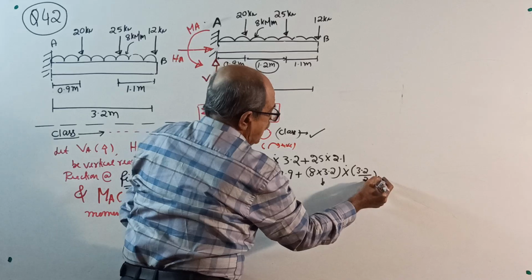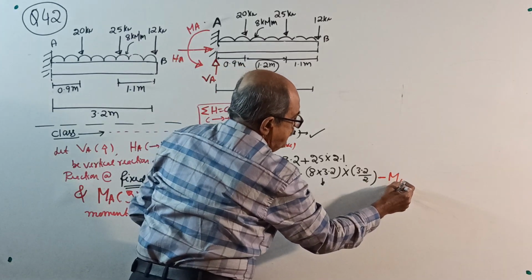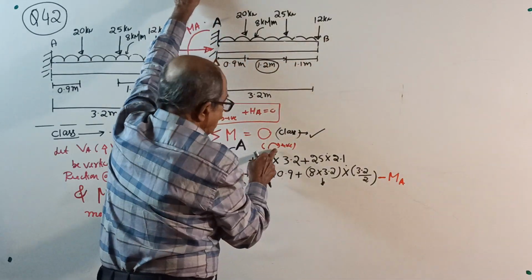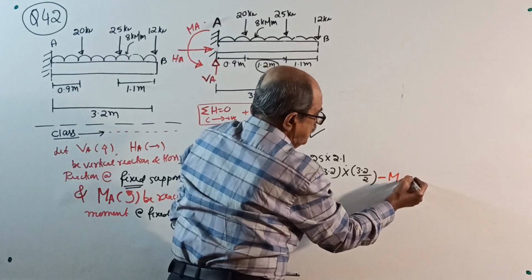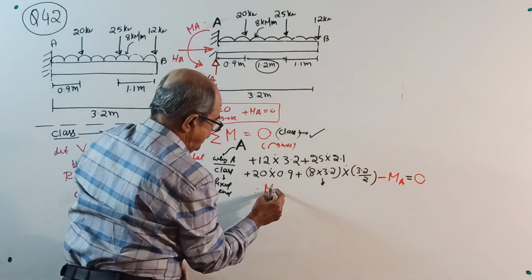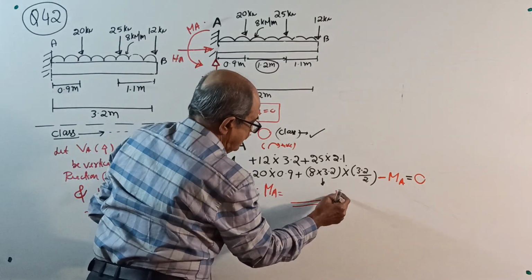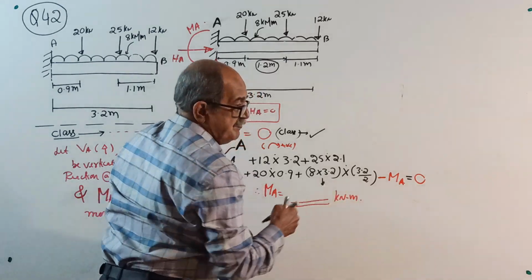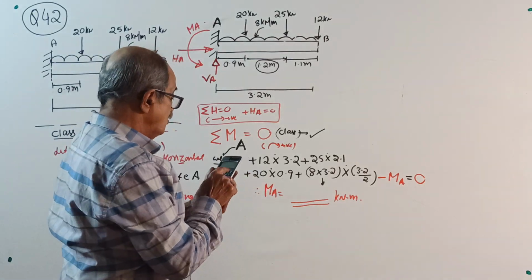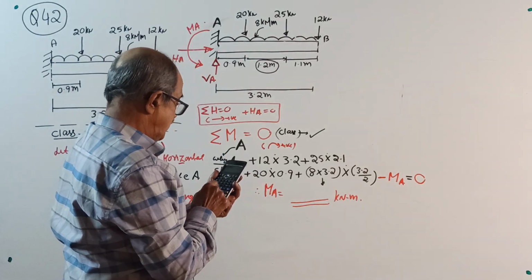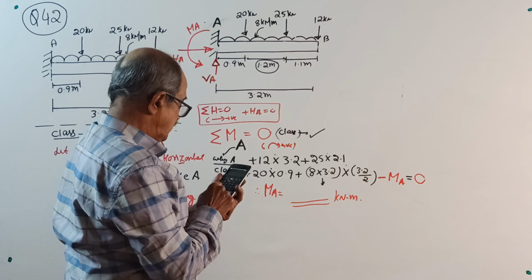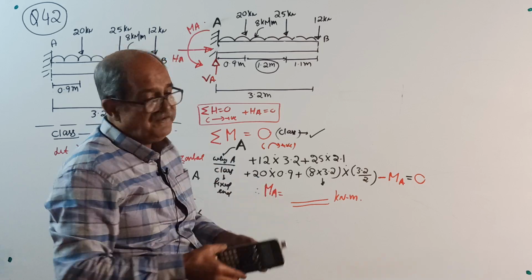Lastly, minus MA. Why minus MA? Because we have considered it as anti-clockwise, and our sign is clockwise positive. Minus MA equal to 0. Solve it. Therefore, you get the value of MA in kilonewton meter. 12 into 3.2 plus 25 into 2.1 plus 20 into 0.9 plus 8 into 3.2 into 3.2 by 2 is 149.86.